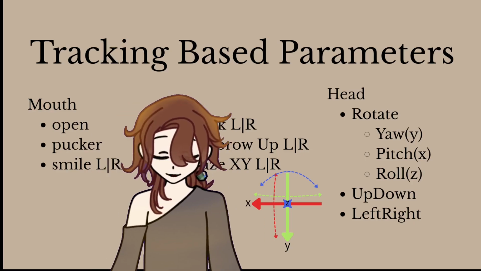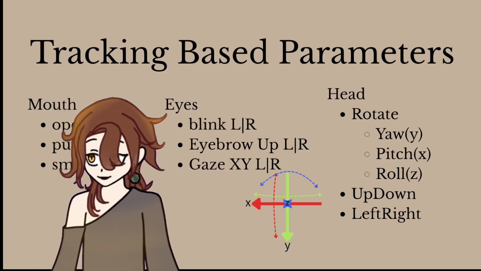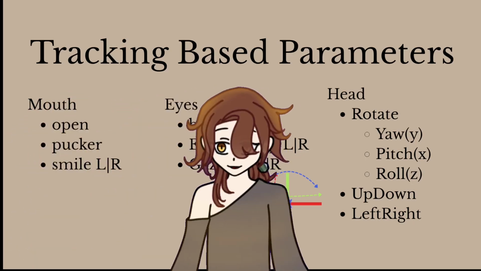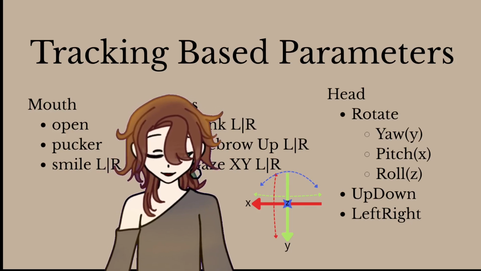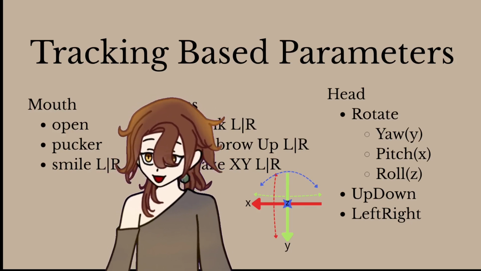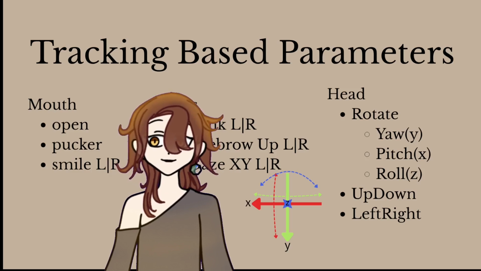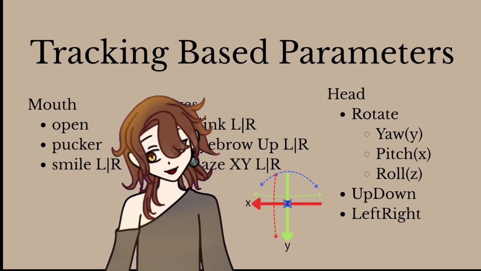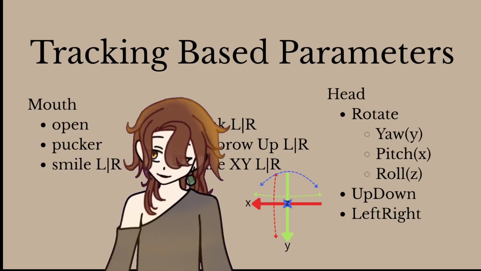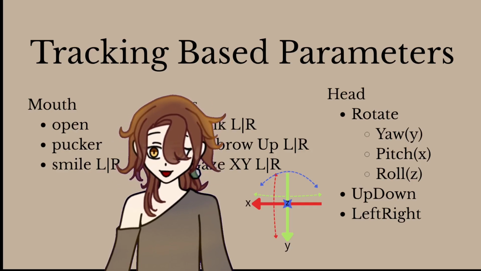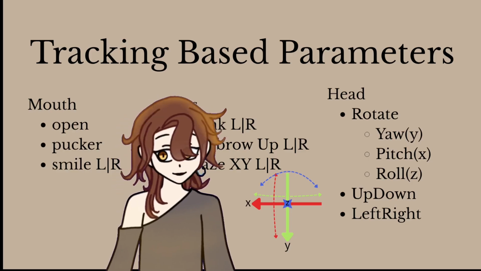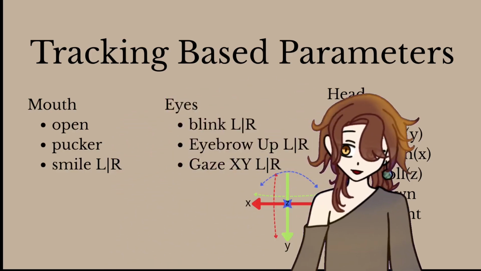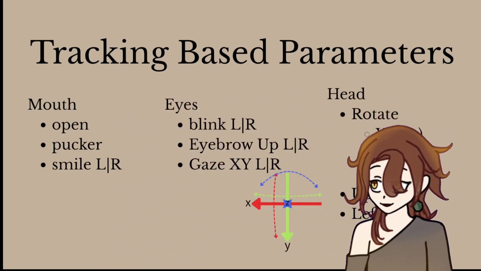The red is the x-axis, here's the positive direction, and here's negative. So head yaw is like this, head pitch is like this, and head roll for the z-axis is like this, and also up and down, and left and right, and that's all we'll be making today.